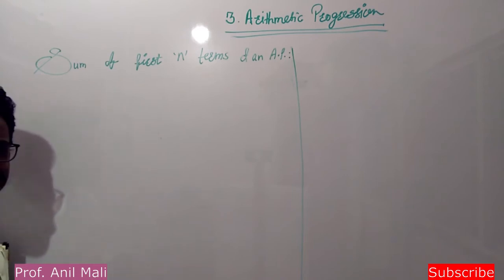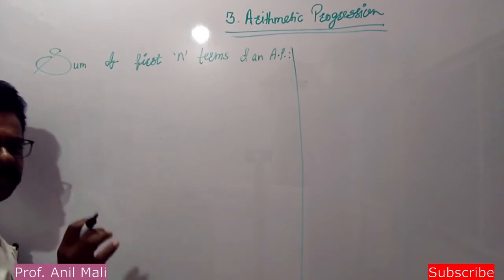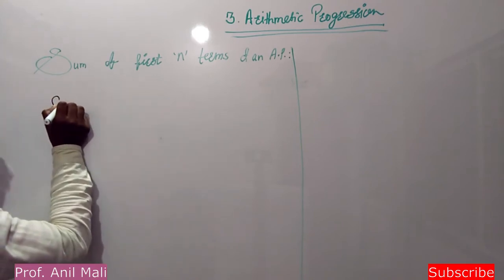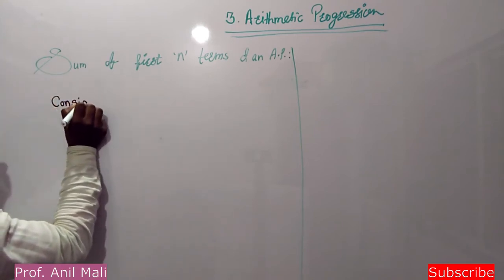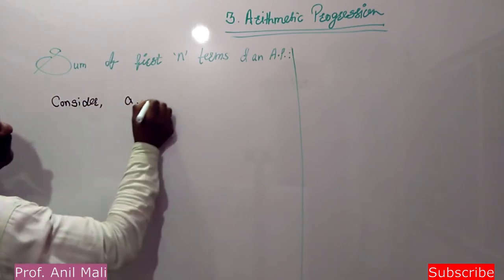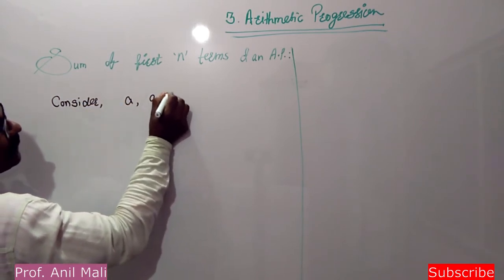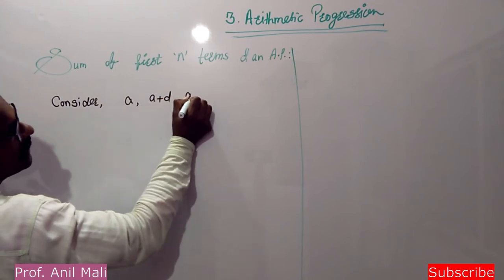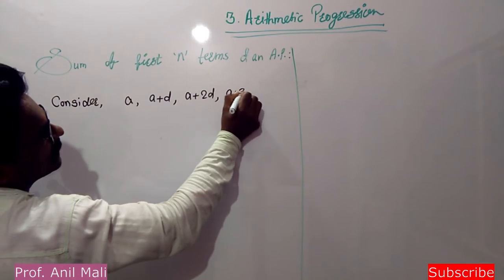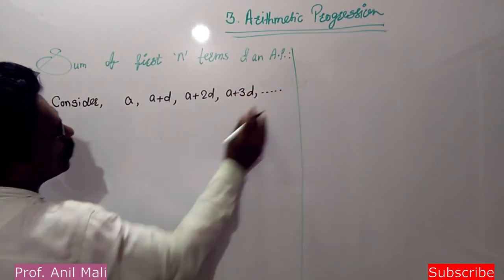Consider a standard form AP. A is the first term, then we add common difference D to get A plus D, then again D, A plus 2D, then again D, A plus 3D, and so on.